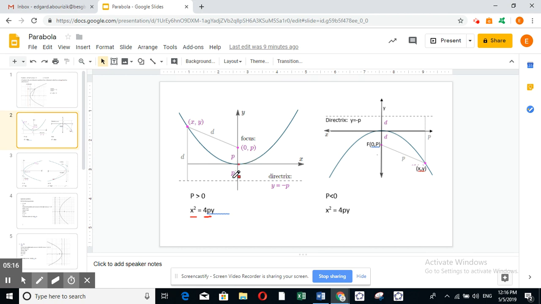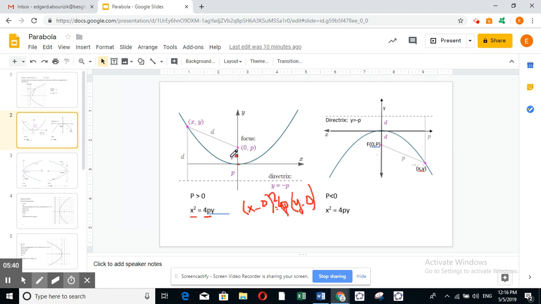Here the vertex is 0, 0, like we did in circle: x minus 0, all squared, equal 4p times y minus 0. So here the vertex is 0, 0, and this p is the distance from the focus to the directrix.